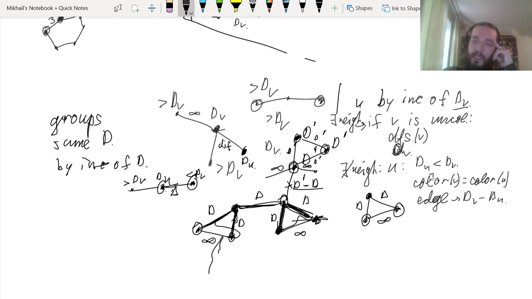Since we are going by increasing dv and color everything we meet, du has to be colored, so we can copy the color. And yes, all the edges adjacent to V still do not have the weights.